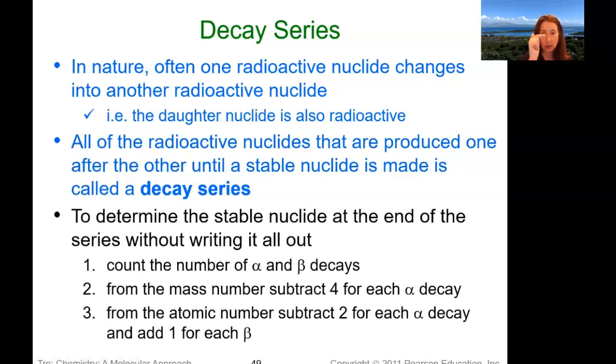So you keep going all the way till you get to the stable one. Now, I'm not going to make you count these decays. I'm going to show you one right now, but you can actually figure it out. So you can count the number of alpha and beta decays, and from the mass number, you subtract 4 for each alpha, and for the atomic number, subtract 2 for each alpha, and add 1 for each beta. Now you're going to see what I mean on this next page.